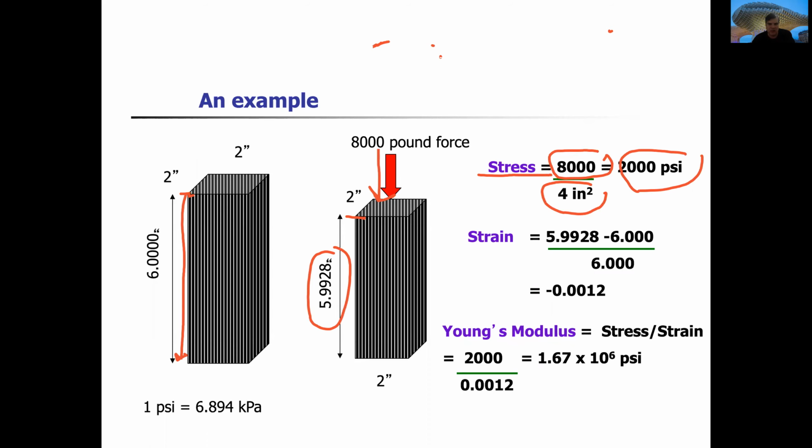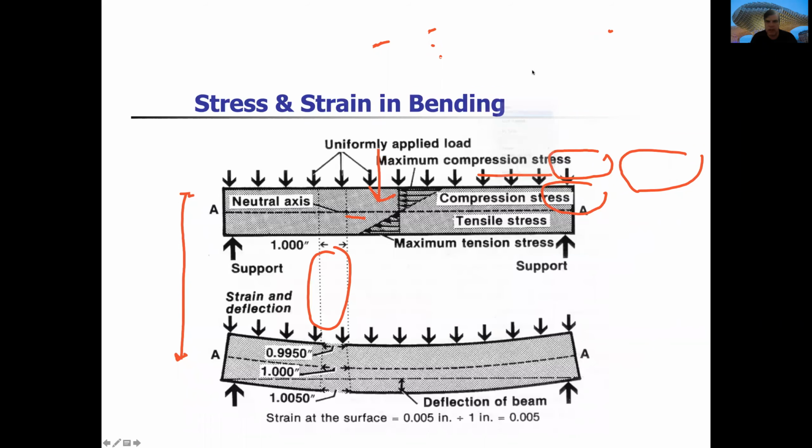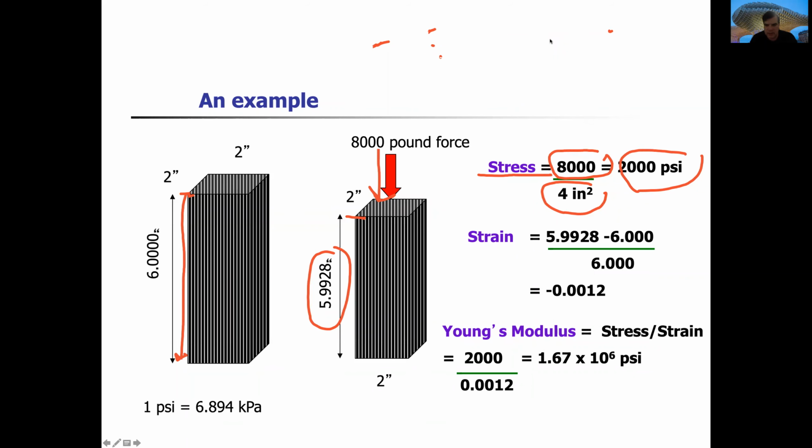Well, the change of length in our particular case is simple. We have the original length that is 6, and I'm sorry, let me go back. We have the original length that is 6, and the change will be a negative number, and we will look at what is the dimension of change. Well, the material became a little bit smaller. We have the dimension that the material attained, that is 5.9928 minus 6.